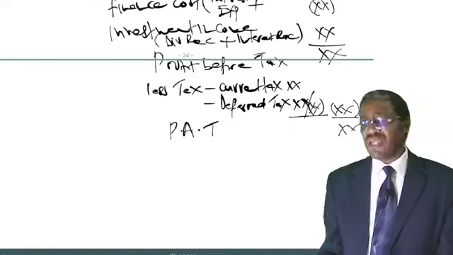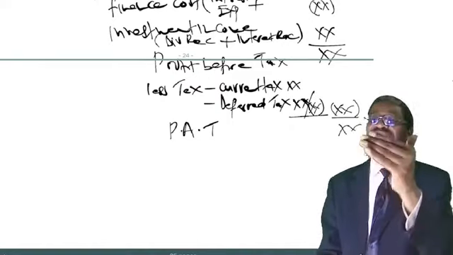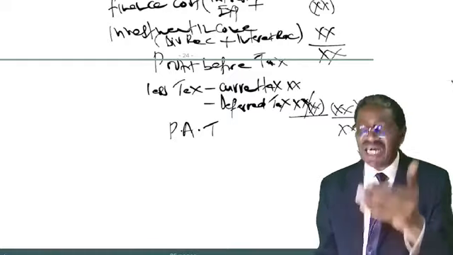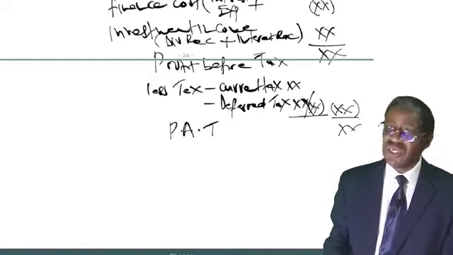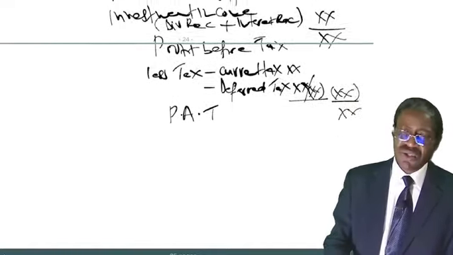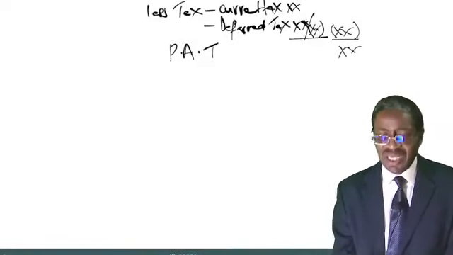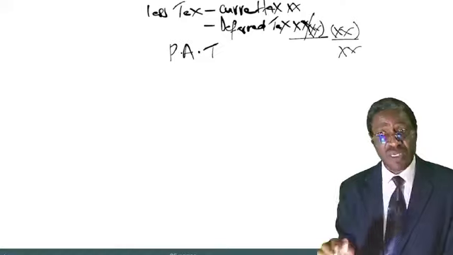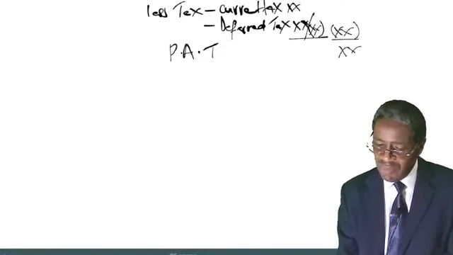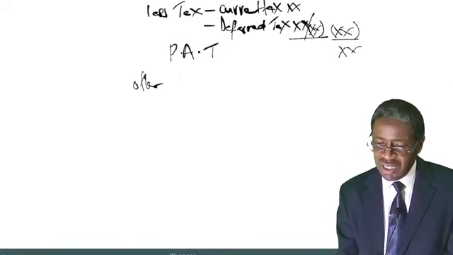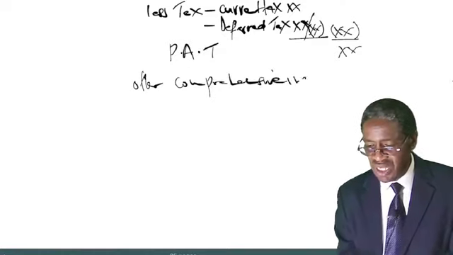But you may be required to prepare what we are calling statement of profit or loss and other comprehensive income. Now listen. Once you get this profit after tax, if your company has what we can call other comprehensive income, that's when you come and bring in other comprehensive incomes.